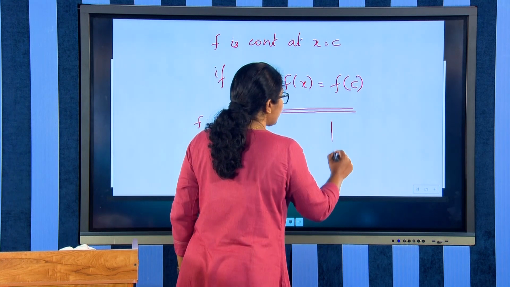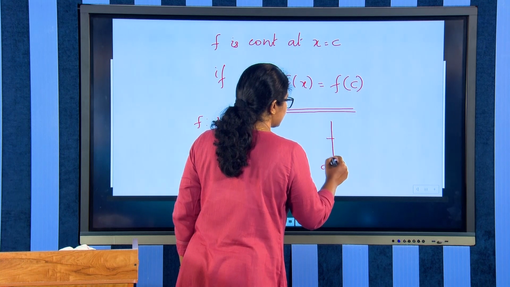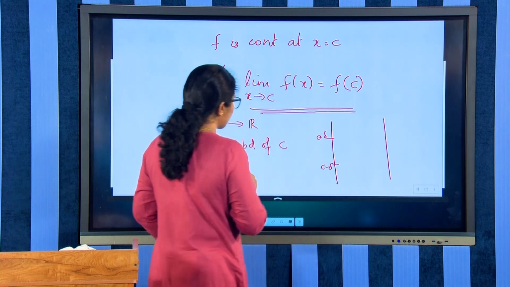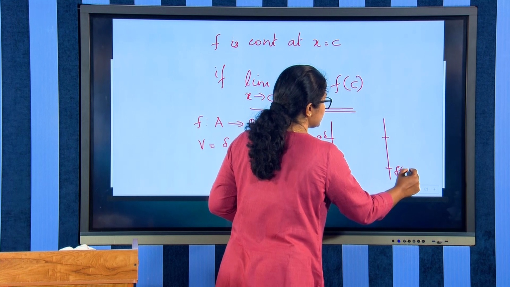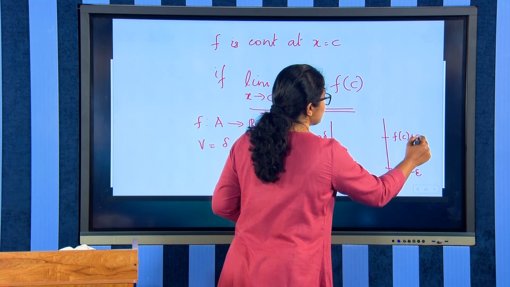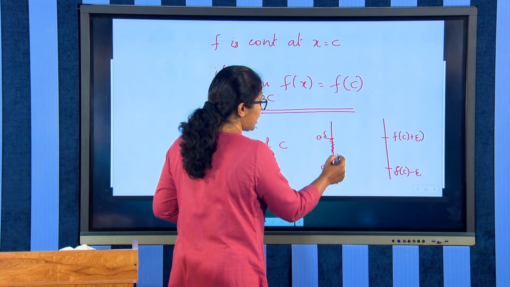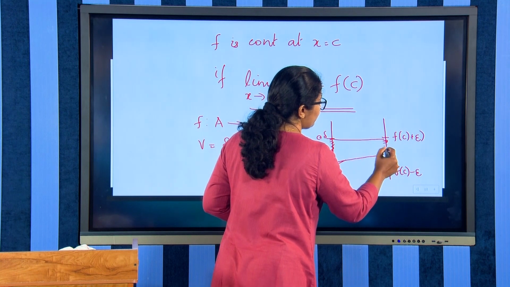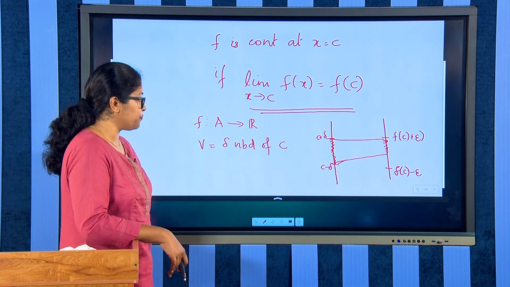Whenever x belongs to the delta neighborhood of c, that means (c minus delta, c plus delta), correspondingly f of x is in the epsilon neighborhood of f of c, (f of c minus epsilon, f of c plus epsilon). So, this portion is carried into this entire interval somewhere here. This is the meaning of continuous functions.